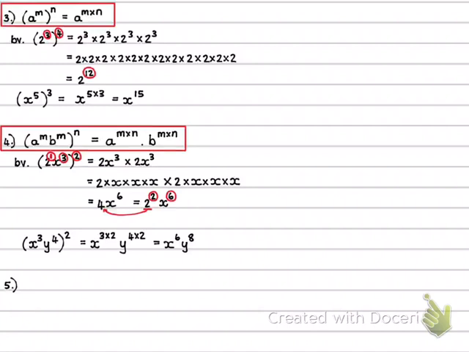So if I give you, let us say here, a to the power m over b to the power m, everything to the power n, we are going to say it's equal to a to the power m times n divided by b to the power m times n. And that's then the last law that we are going to do. Example.